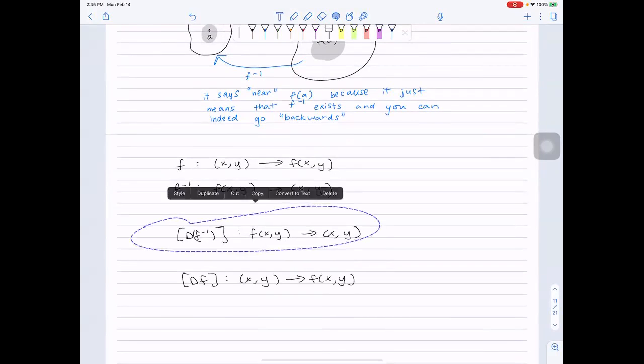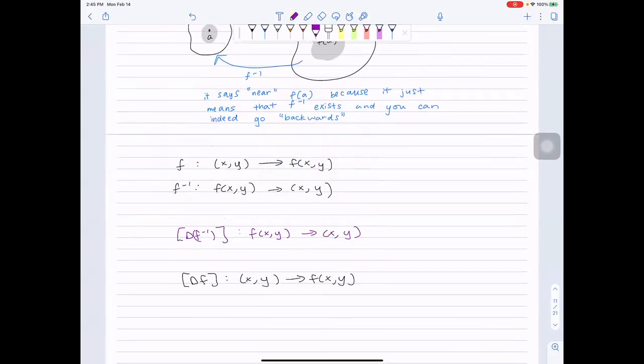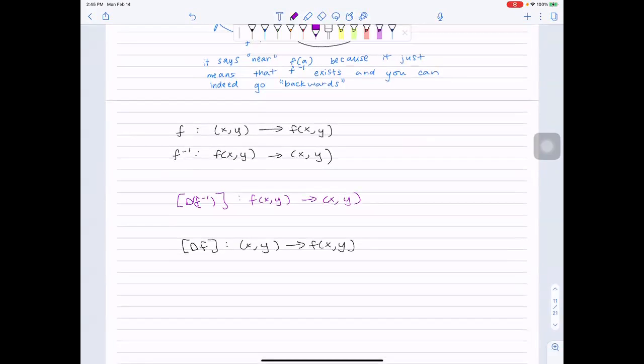Let me make this in purple. If df takes us from here to here, the inverse of df should go backwards. So the point of this is just saying that the two purple terms are the same formula, so they are equal to each other, if you think about f and its inverse.